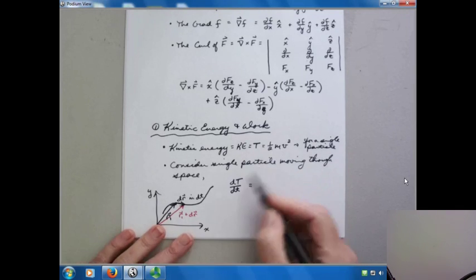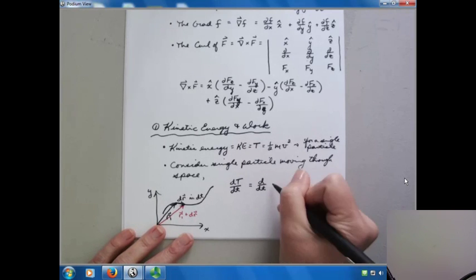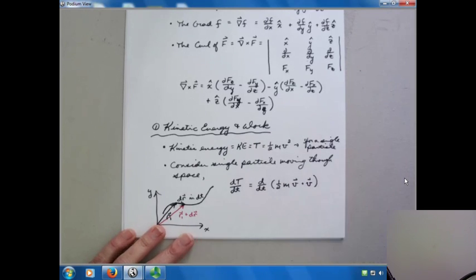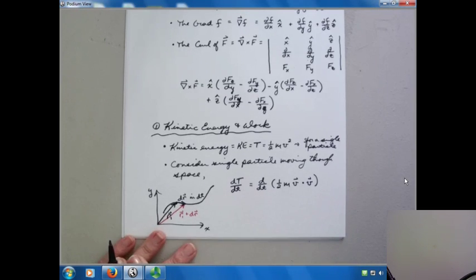So I already have an expression for kinetic energy, so I'm going to make a substitution here. So that's the derivative with respect to time of 1/2 m. And I'm going to remember that v squared is the dot product of two vectors, where each vector is velocity. Because that'll allow me to take my time derivative using the chain rule.